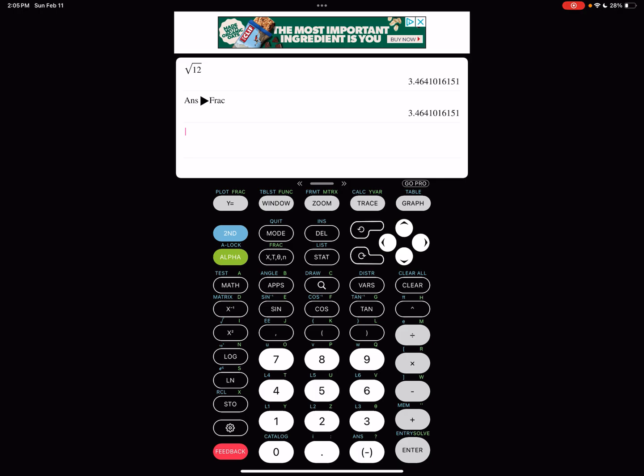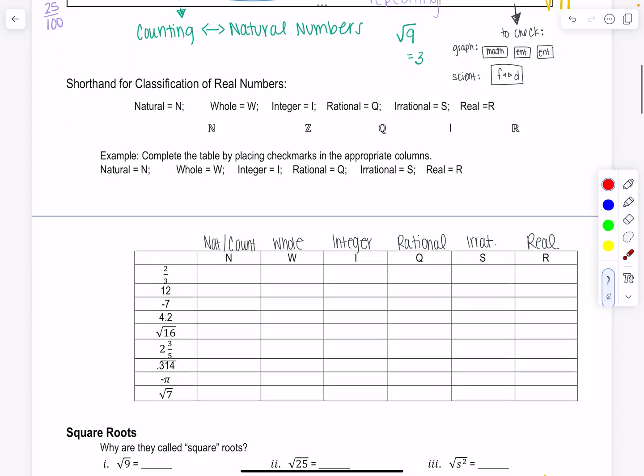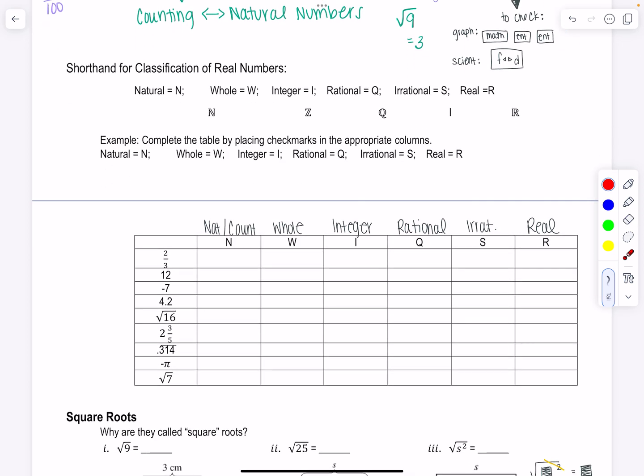Notice how it gives me back out the same decimal over and over again. That tells me it is an irrational number. So in the next video, we're going to look at classifying irrational numbers.